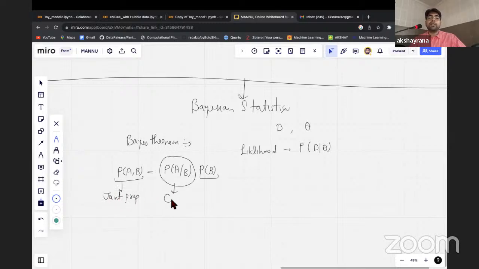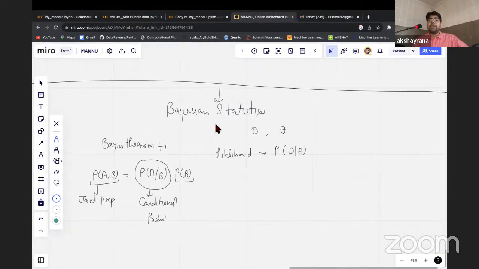This is the conditional probability, which is the probability of getting A given that B is true. I hope you have basic knowledge of probability and must have come across conditional probability. So similarly, likelihood is nothing but the probability of getting the data given the model.